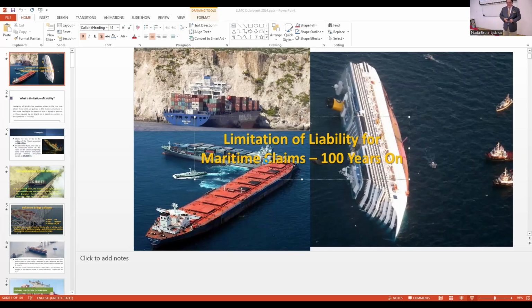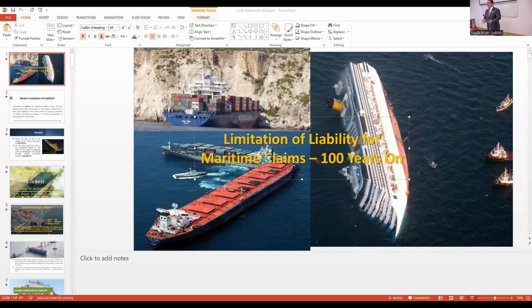Very recently, in March 2021, we had the grounding of the Ever Given, which blocked the Suez Canal for nearly 6 days. It faced claims of around $961 million, including a claim for $300 million for loss of reputation.